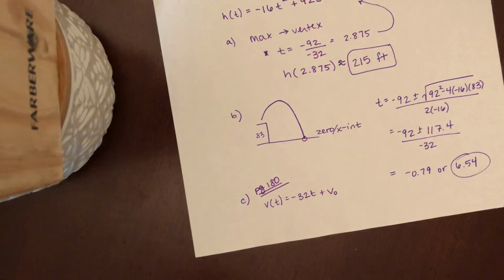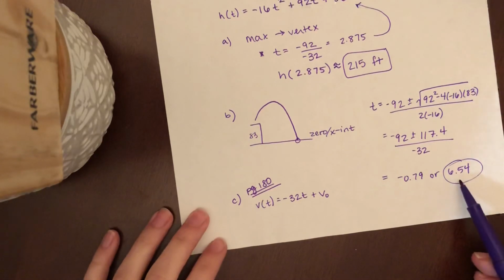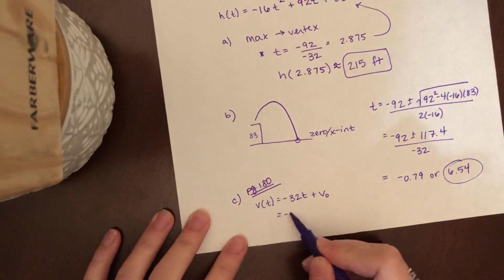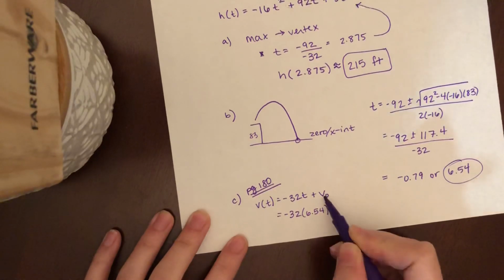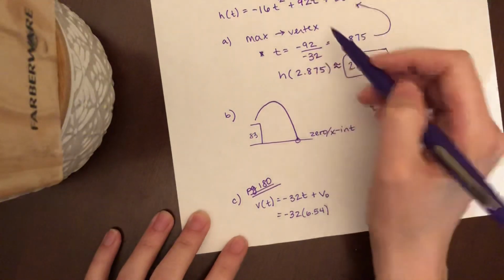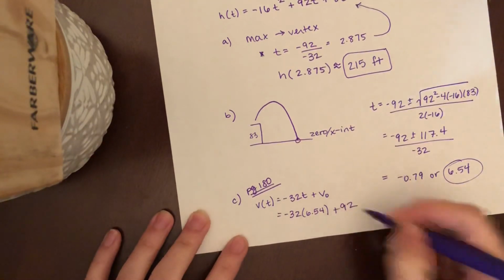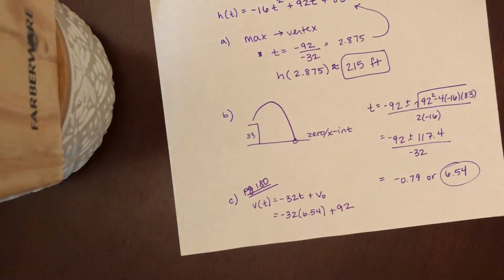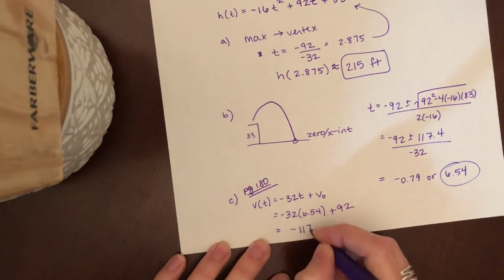So we're looking at the vertical velocity when it hits the ground. So our time of when it hits the ground is the 6.54. And our initial velocity is 92. So if we multiply and add, we get about negative 117.